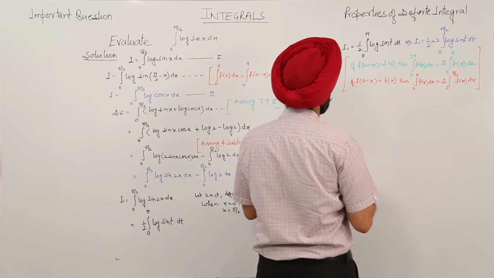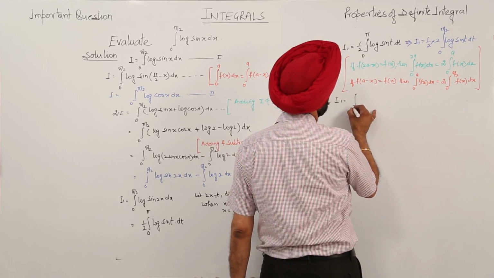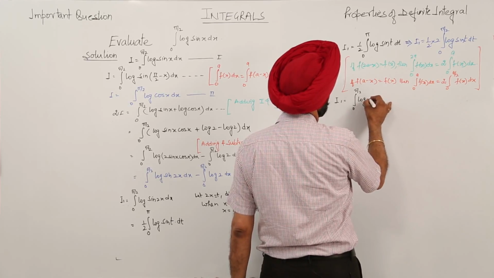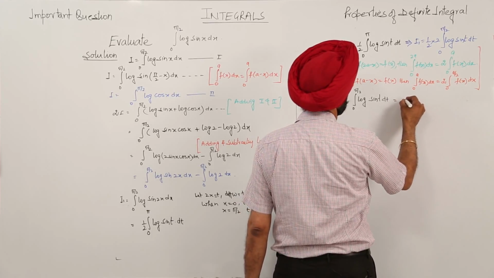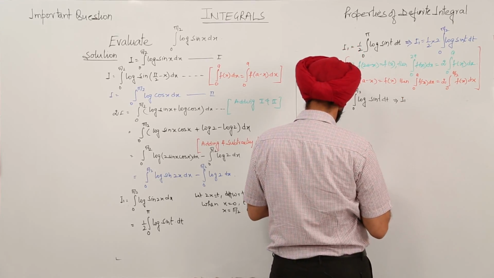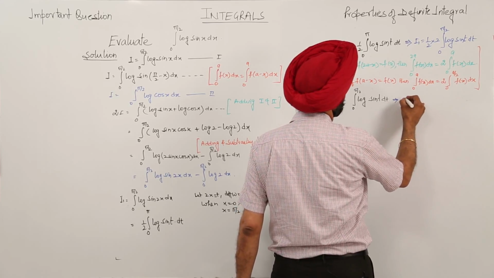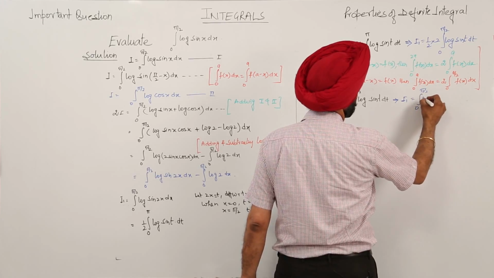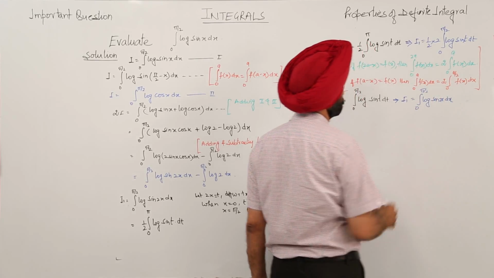Now we can write I1 is equal to the integration of 0 to pi by 2 log sin t dt, which is equal to I. Again I am using one of the properties here. This implies I1 is equal to 0 to pi by 2 log sin x dx.